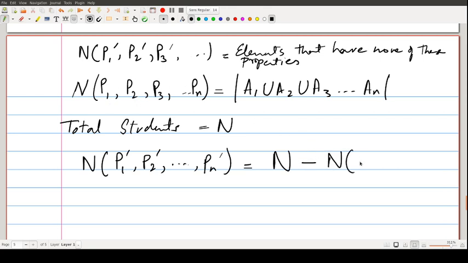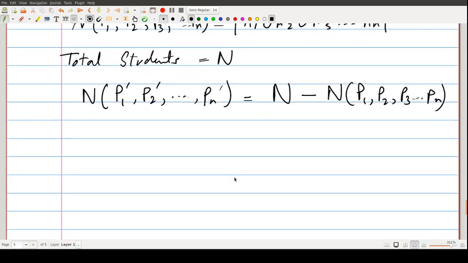So n minus the number with P1 or P2 or P3 or Pn, right? And so basically what we're doing is we're subtracting. So this is basically equal to n minus the number of elements in the union, A1 union A2 union A3 dot dot dot An.